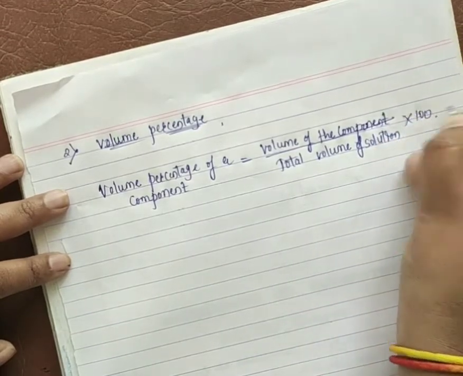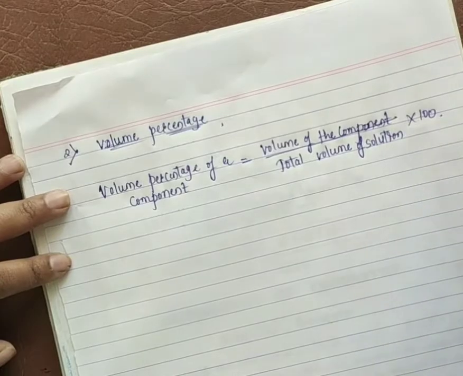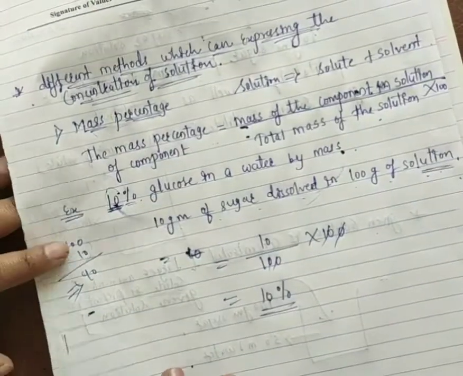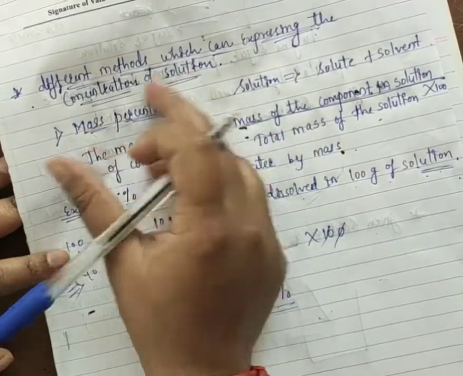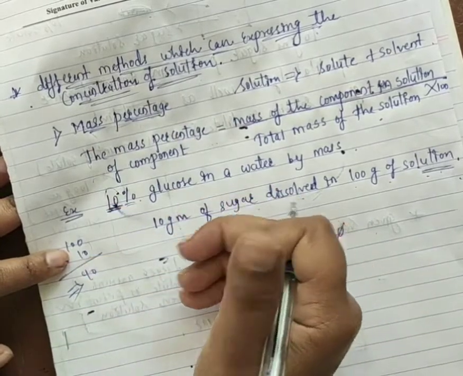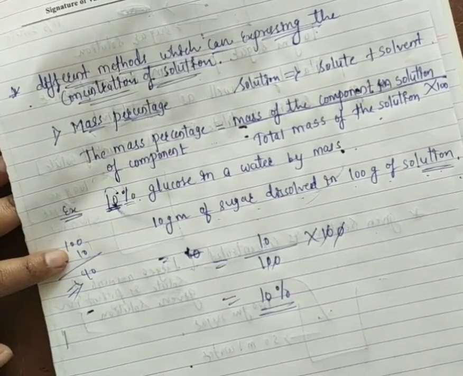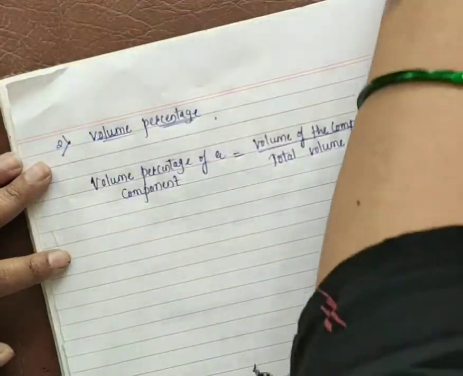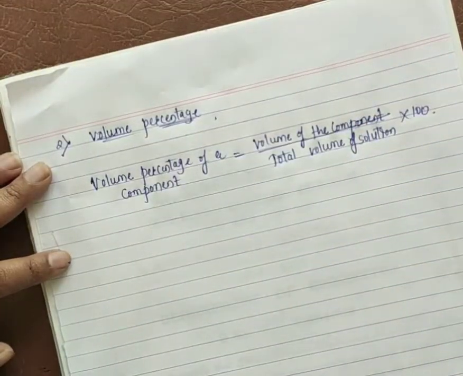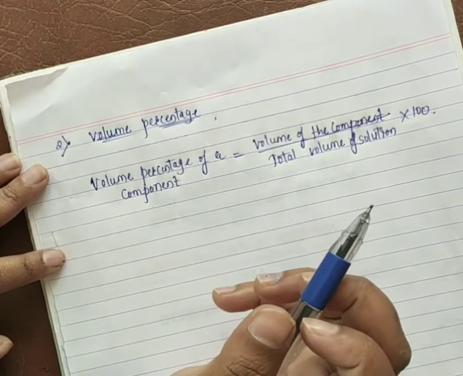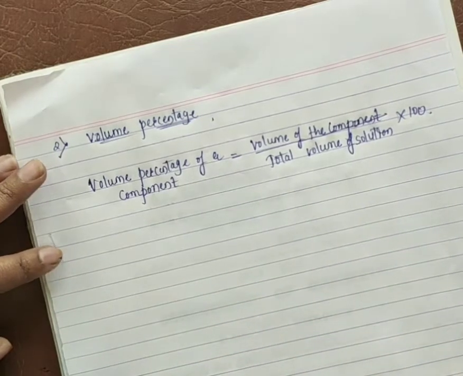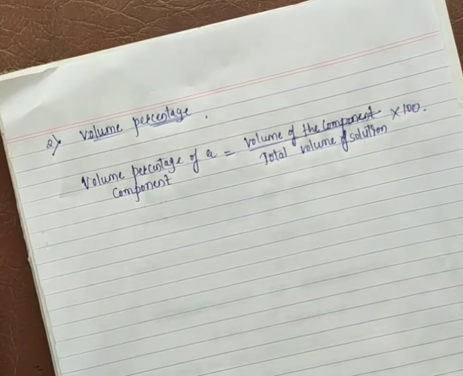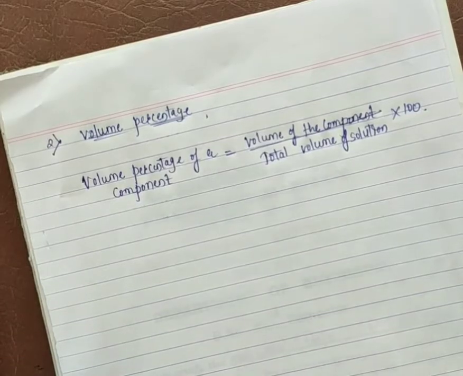Into 100. Okay, like the same way I told for mass, where I am finding the weight of the solute, in volume the solute will be present in the form of liquid only. In mass percentage the solute will be present in the form of solid, but in case of volume percentage your solute will be present in the form of liquid.